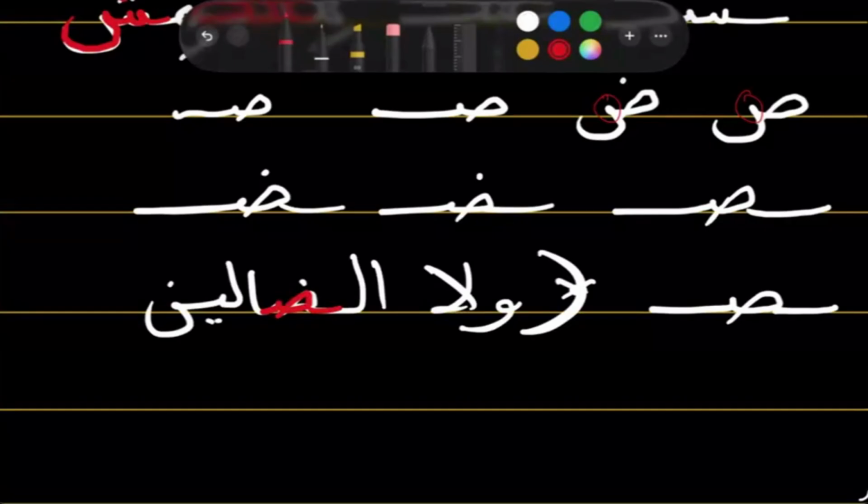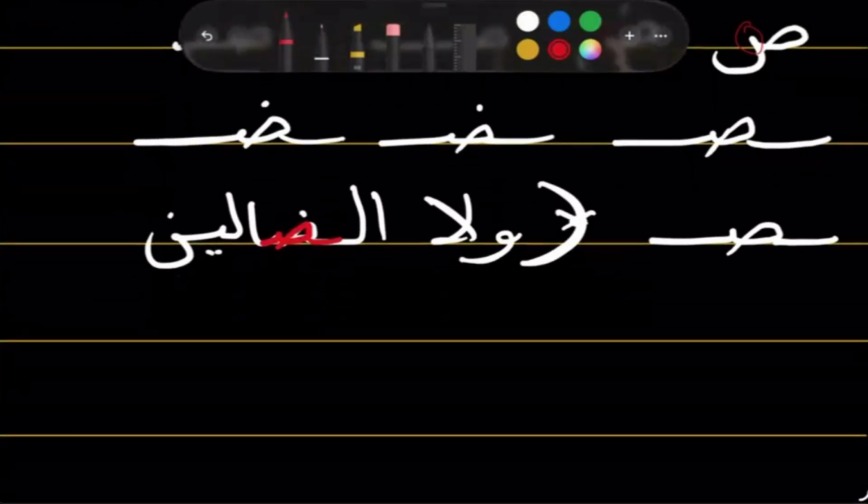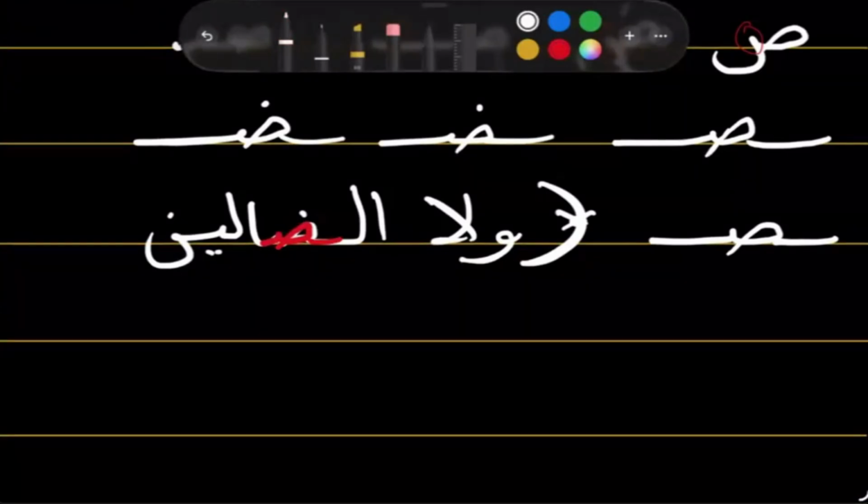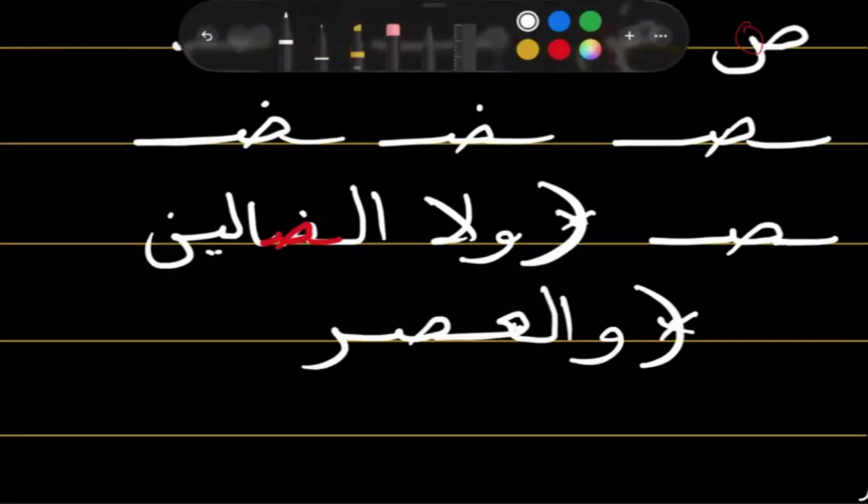Or for example, Allah says, wal asr. So you see the sod here connecting from the letter before it, and then connecting to the letter after it.